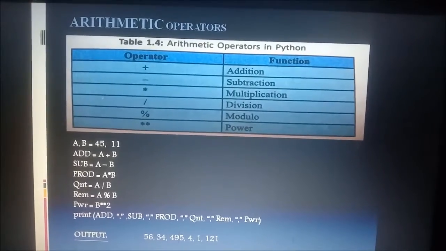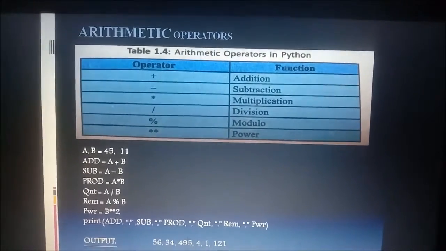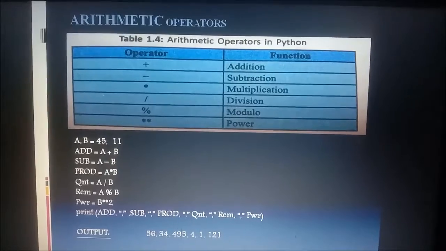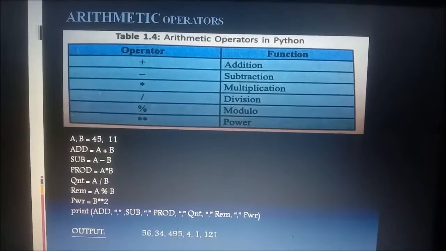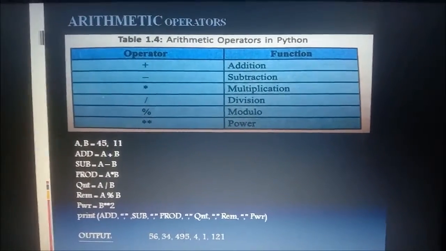B double star 2 will give the square of B, that means the square of 11 will be stored in PWR. Then the print function displays the different evaluations being done in the program code. So the output has been shown as 56, 34, 495, 4, 1, 121.